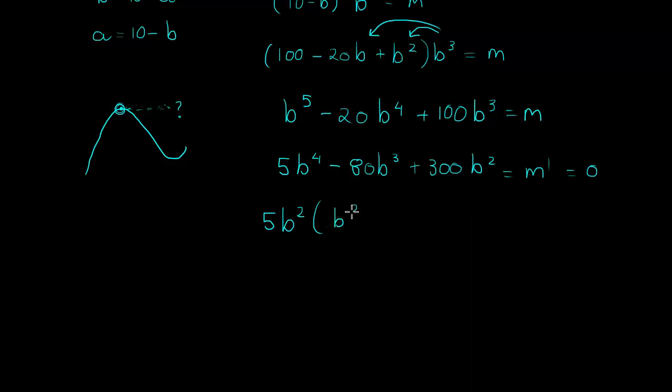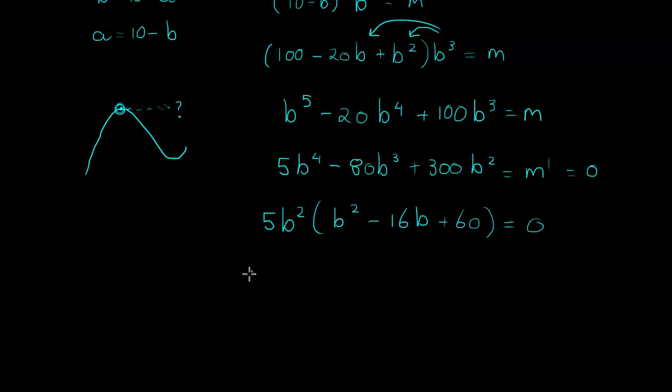So I'm left with b squared minus 16b, since 5 divides into 80 16 times, plus 60, since 5 divides into 300 60 times, is equal to 0. So I have either 5b squared is equal to 0, or this one. Okay, so let's first do that.